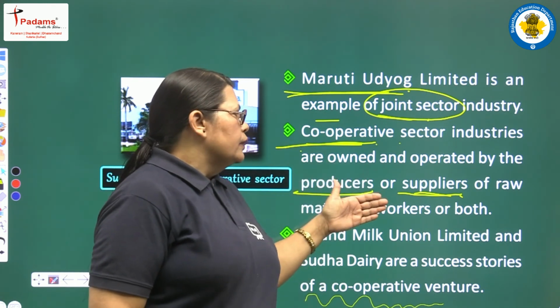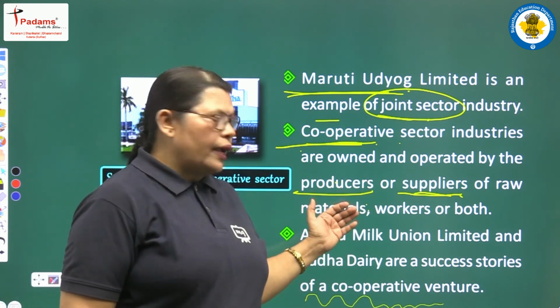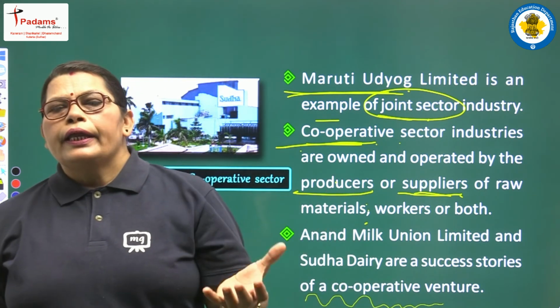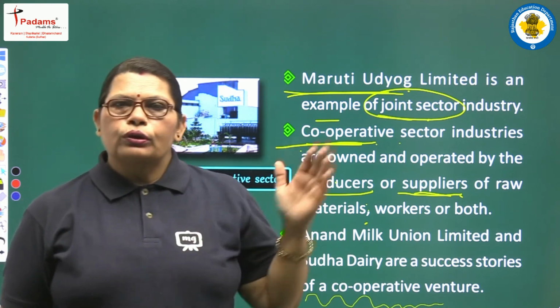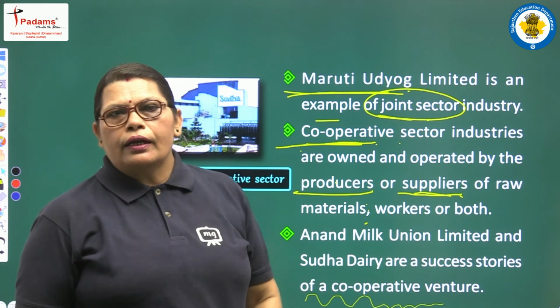Maybe they are the producers, maybe the suppliers of raw materials, maybe the workers, or maybe both. So this one includes cooperative sector industries.